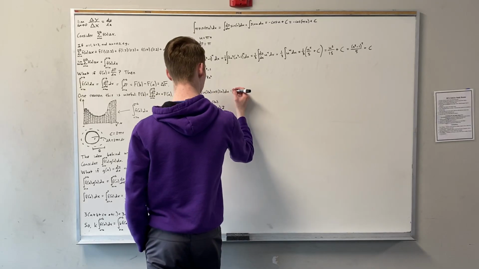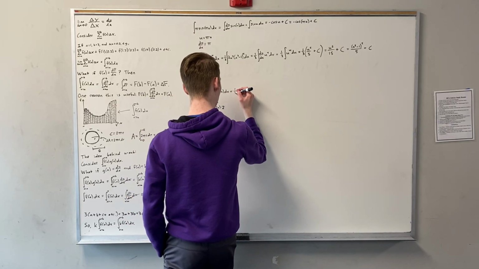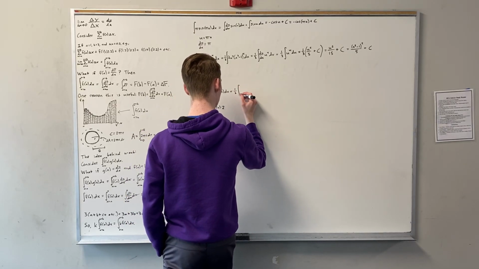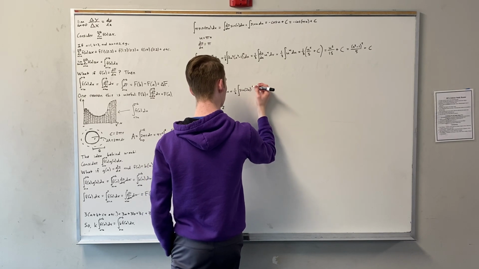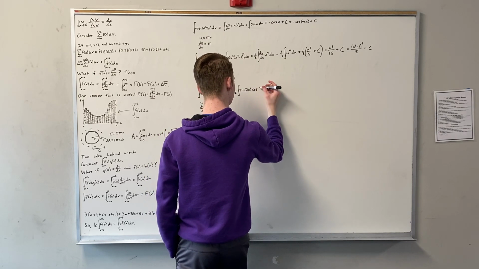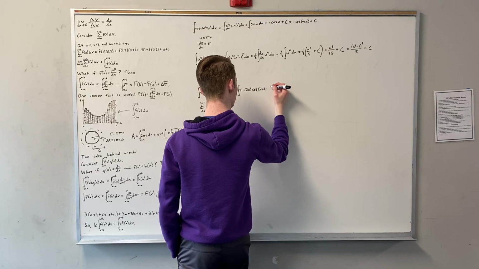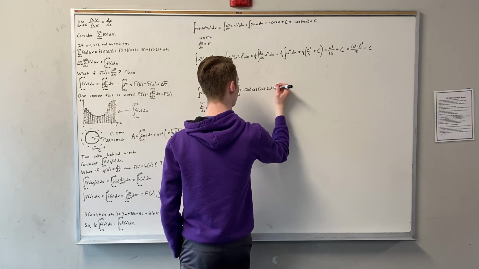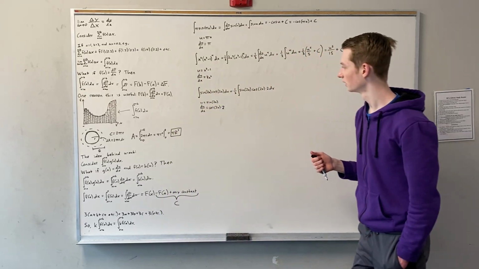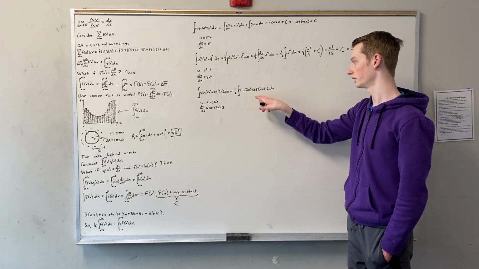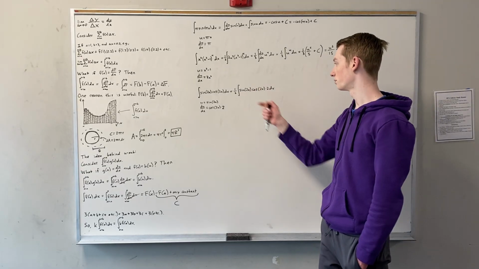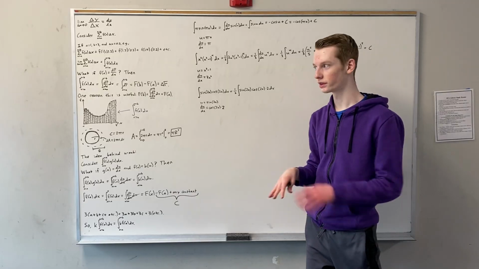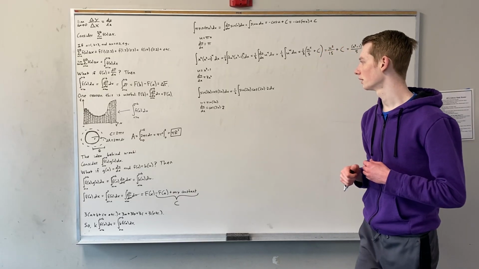So what that would look like is, I could do a half outside, and then on the inside, sine 2x, cosine of 2x times 2 with respect to x. And so now I have my du dx and I have my u, and I just have 1/2 out there to balance out the 2 that I sort of made up here.